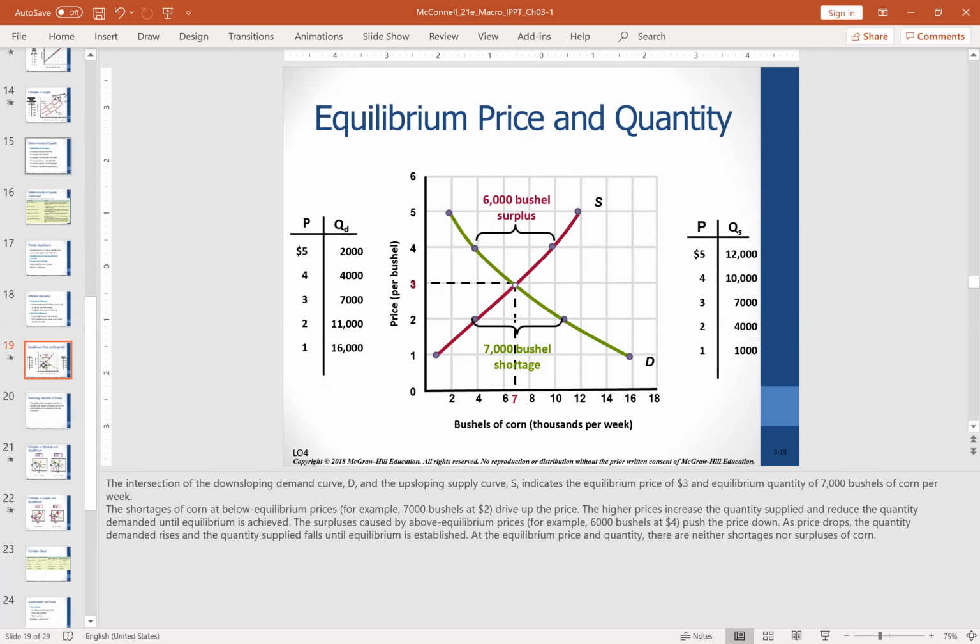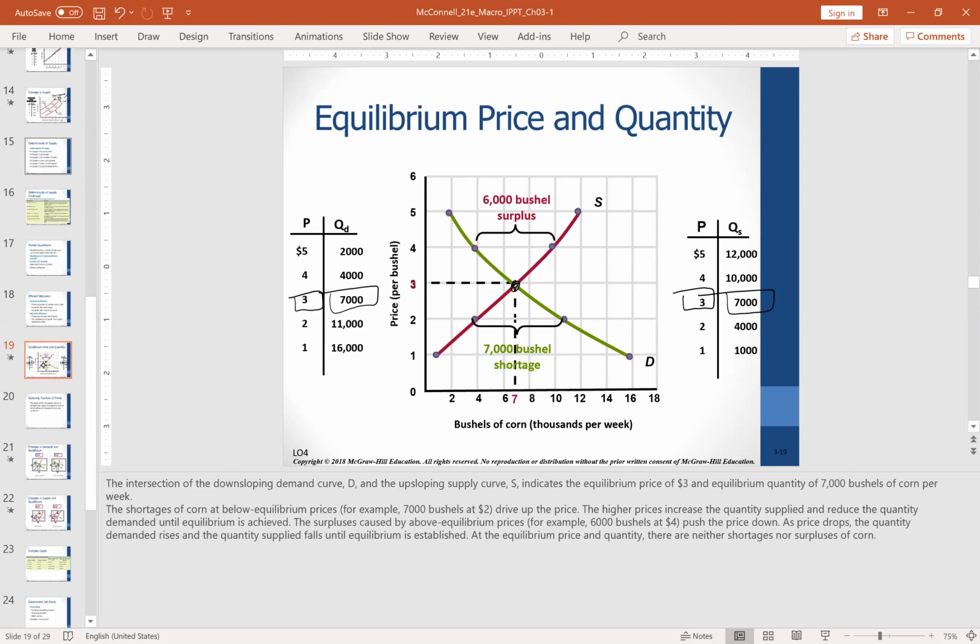Now, I'm going to go to this equilibrium price quantity combination. Whenever the demand curve and the supply curve cut each other, at this point, we say we have equilibrium price and equilibrium quantity. In this example, my equilibrium price is $3. Equilibrium quantity is equal to 7,000.